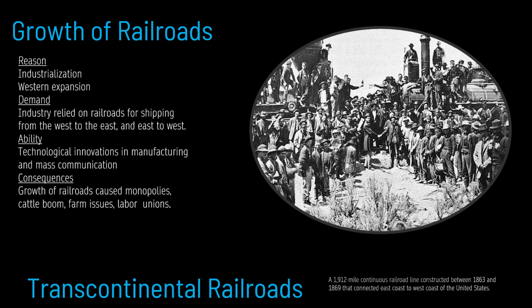So between 1863 and 1869, thousands of workers, most are immigrants, a lot of Chinese crews, are going to face dangerous conditions and discrimination, but they're going to lay a total of 1,912 miles of railroad linking the East Coast to the West Coast. This is going to be the Transcontinental Railway, which is a huge achievement.